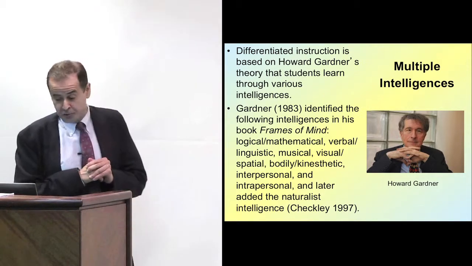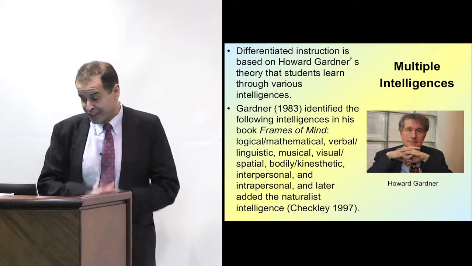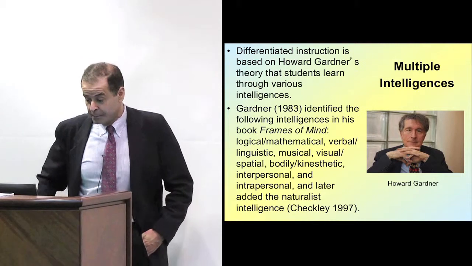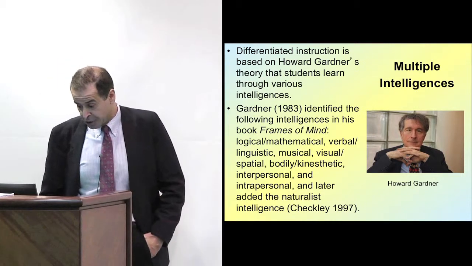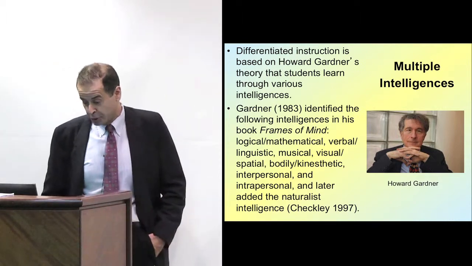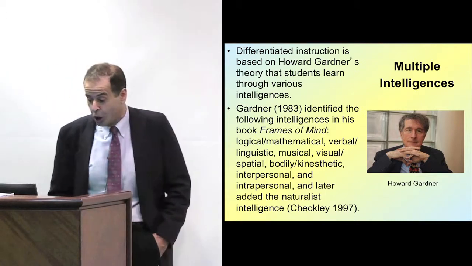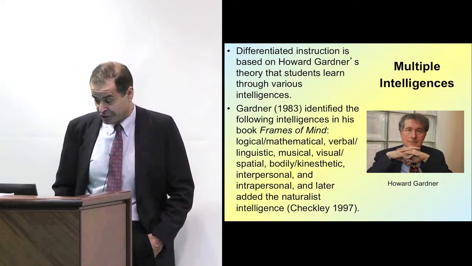And I have them listed for you here. They are the logical mathematical, verbal linguistic, musical, visual spatial, bodily kinesthetic, interpersonal, and intrapersonal. And as I mentioned later, he added another one which he called the naturalist intelligence.